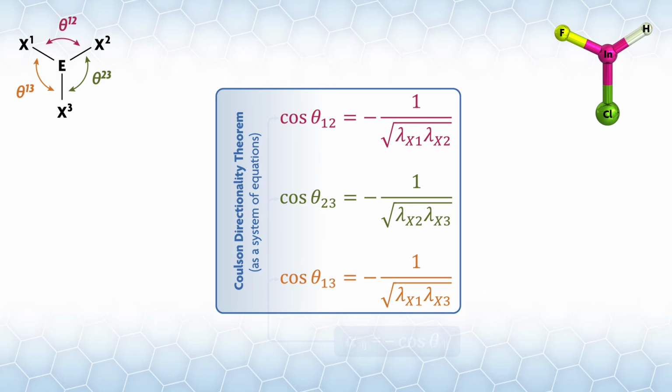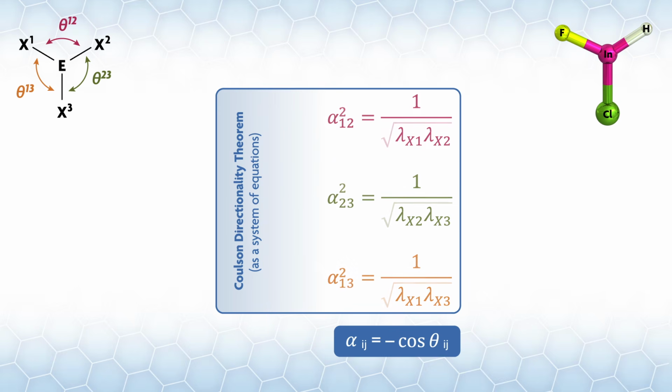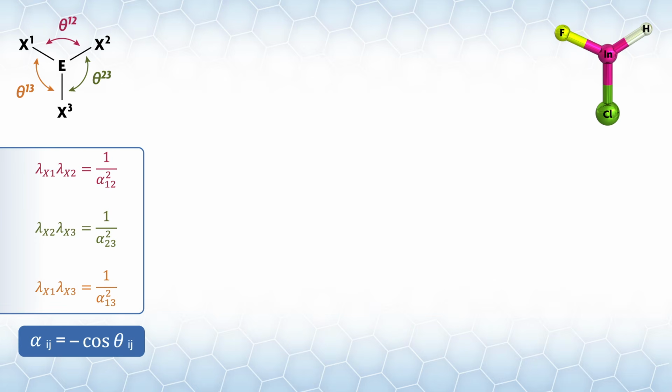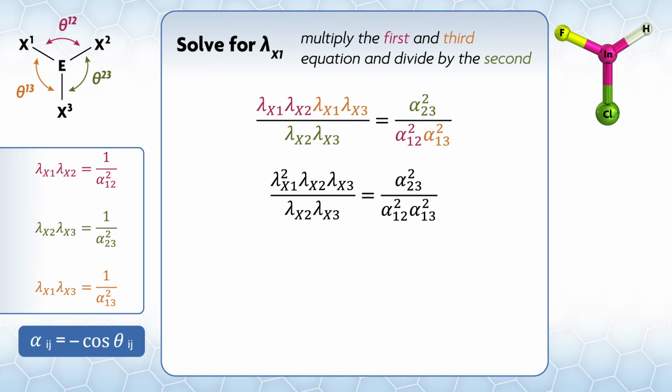To simplify things a bit, let's make the replacement alpha ij equals negative cosine θij. Square each equation and rearrange. To solve for lambda X1, we can multiply the first and third equation and divide by the second. We then simplify the left side to get this.